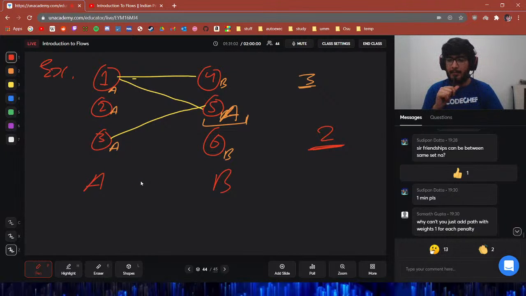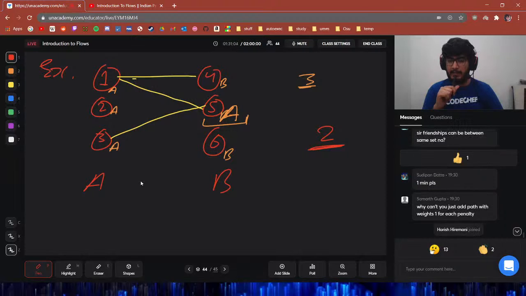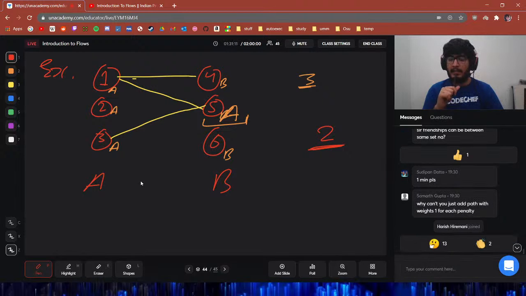Why can't you just add path with weights 1 for each penalty? Add path with weights 1 for each penalty, and then we are trying to see for minimum cut. Yeah, that is what I think we are going to do, right? Not I think, that is closely related to what we are going to do, but not the exact thing.